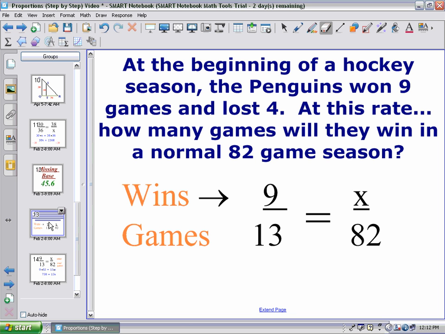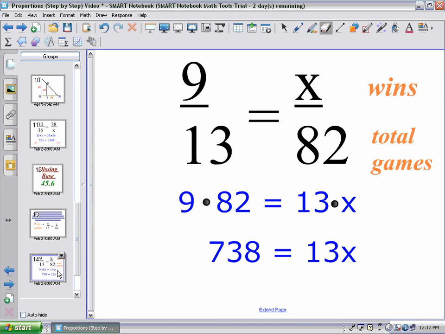My first fraction is the number of wins, 9, over the number of games played, 13. And then this is equal to the number of wins that I can expect in an 82-game season, which is x, over the total number of games, which is the entire season, 82 games.